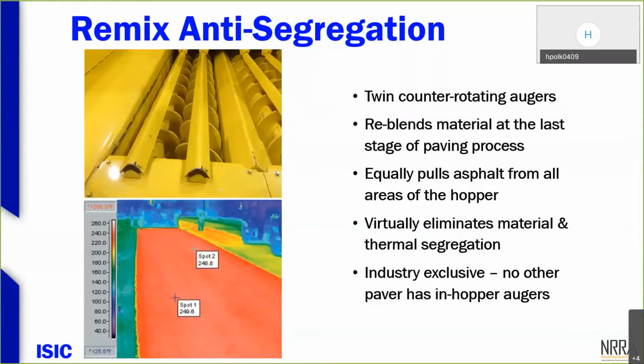Another nice feature of this remix system is there is no center gearbox. So there's no centerline segregation. There's nothing there, no void to fill. The gearboxes, or the chain boxes, are on the outboard sides, where normally you would see the hanger bearing supporting the spreading augers. That helps a lot with eliminating that segregation.